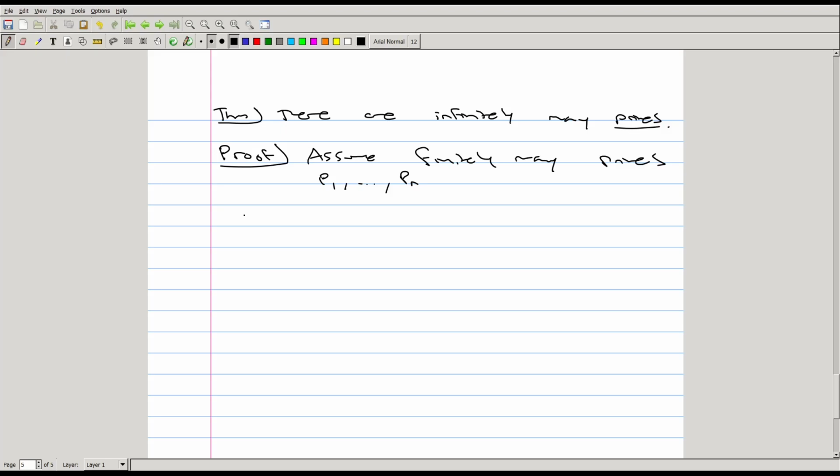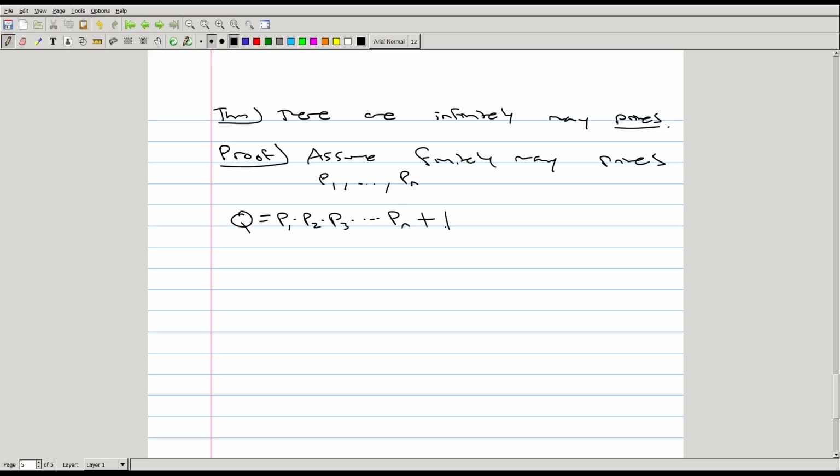and we'll let Q be the number P1 times P2 times P3 times Pn plus 1. So this is just the multiplication of all of our finitely many prime numbers with the 1 added to it.